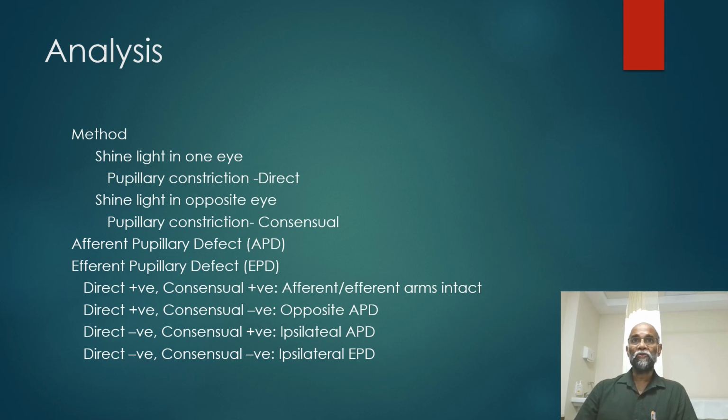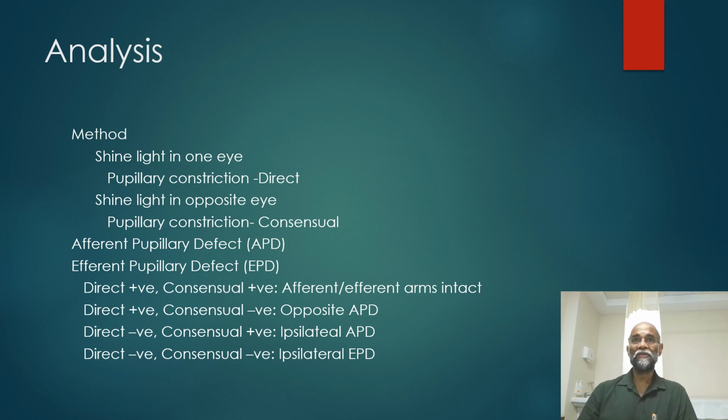There are two terms. One is an afferent pupillary defect. This implies that the visual pathway is impaired. The optic nerve is probably not conducting. In a conscious patient, you can always confirm an afferent pupillary defect because he will have relative blindness or at least decreased vision in that eye.